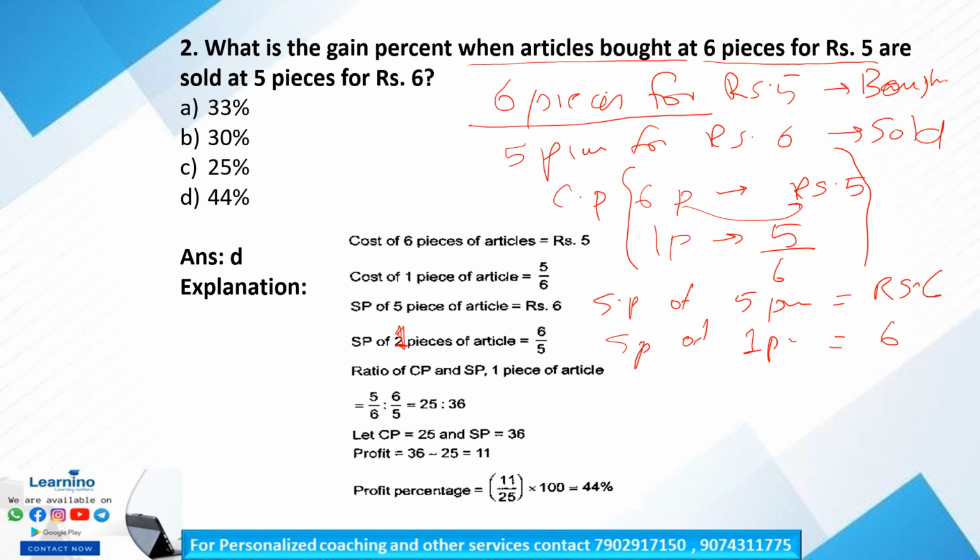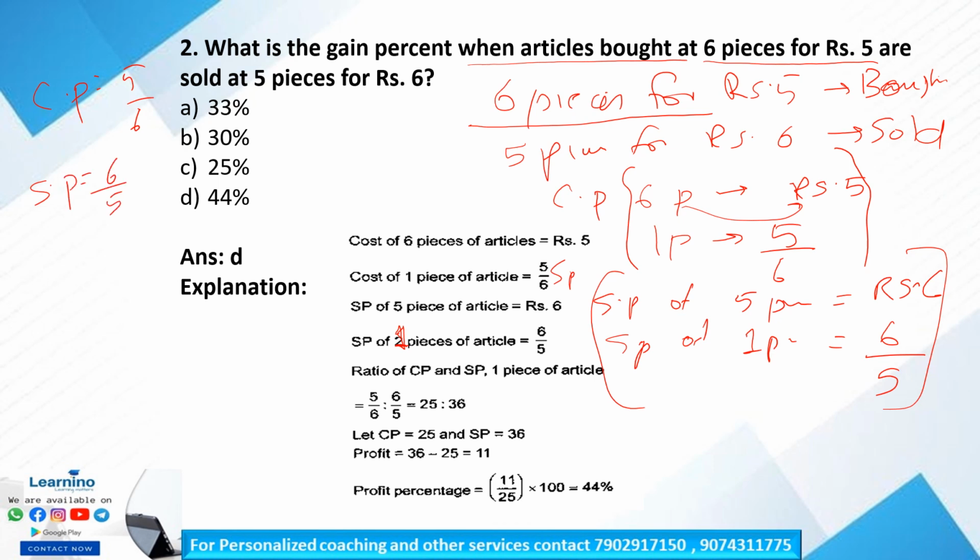That is equal to 6 by 5. The selling price of 5 pieces of article is 6 rupees, that is given in the question. So the selling price of 1 piece is 6 by 5. So cost price is equal to 5 by 6 for 1 piece of article, and selling price is equal to 6 by 5 for 1 piece of article.